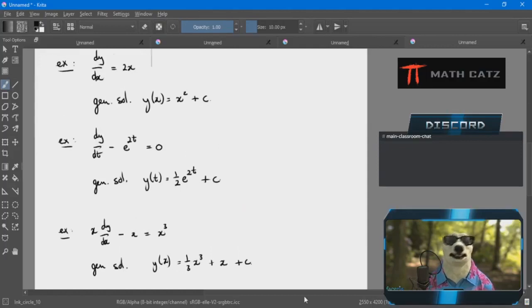There we have 3 examples for which finding the general solution was quite familiar once I understand what the equation is asking.